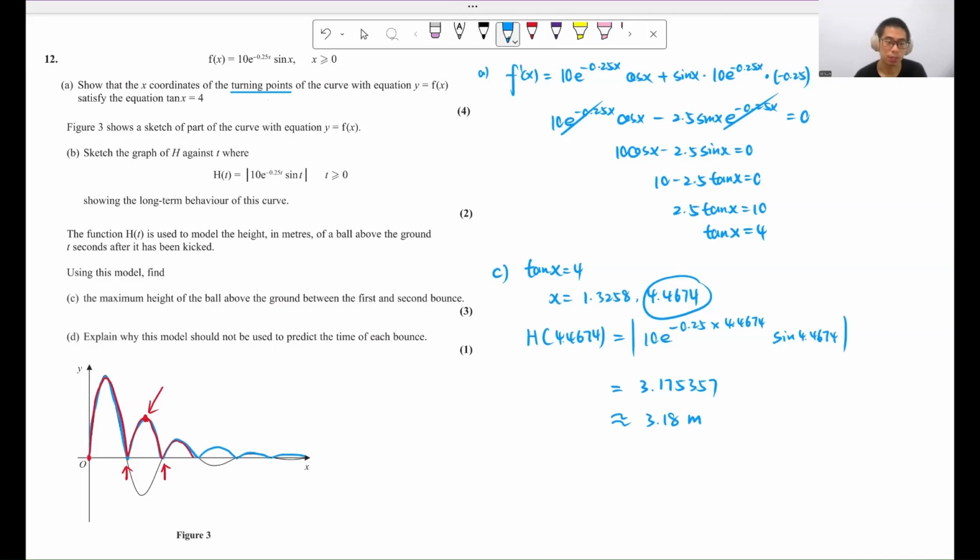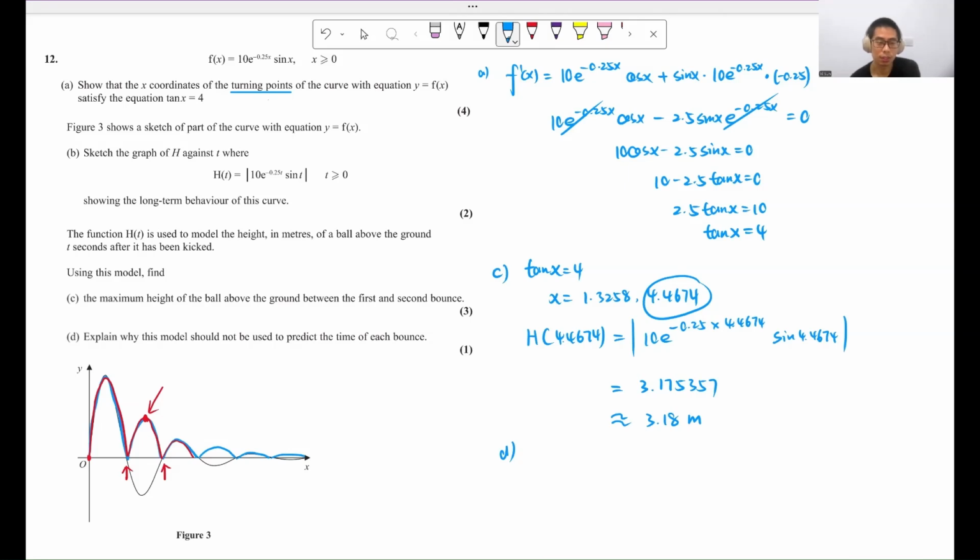So the time gap between each bounce should always be the same from this model, which in reality cannot be, because as the height gets lower, the time should be less. It can't be the same. That's why we cannot use this model to predict the time of each bounce.